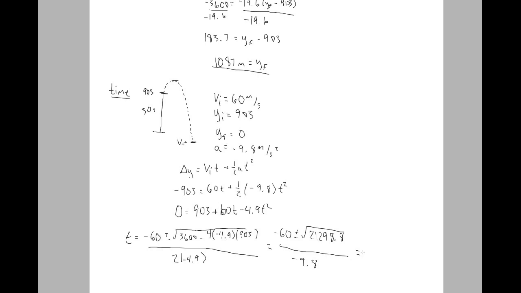So doing those operations, if I go negative 60 minus the square root of 21298.8, and then that divided by negative 9.8, I get a positive time, which is 21 seconds. I don't even need to do the other time because I know it's going to be negative. So 21 seconds is how long my free fall phase lasts.